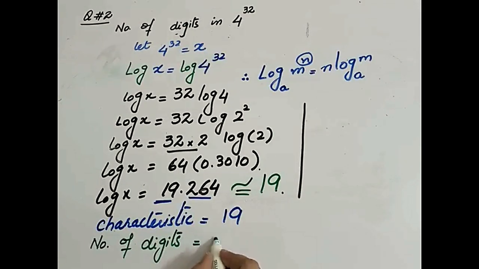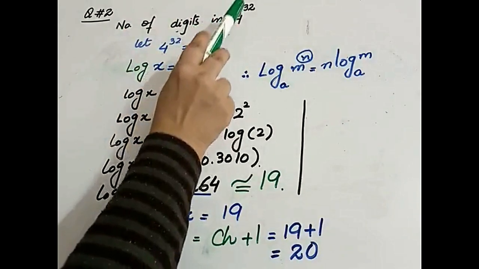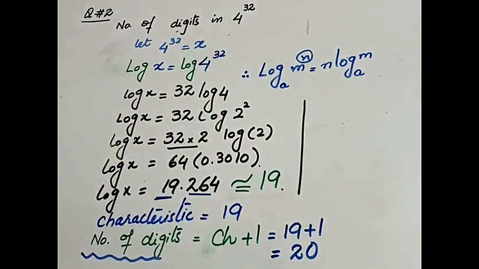So number of digit is equal to characteristic plus 1. So here characteristic is 19 and plus 1. So number of digits is equal to 20. So number of digits in 4 raised to power 32 are 20.